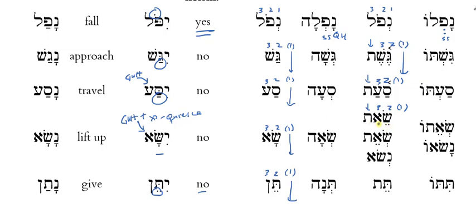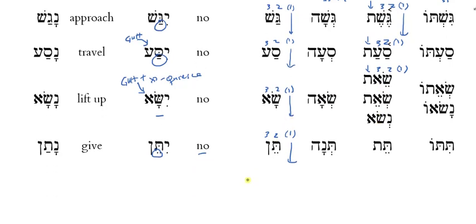Sete is probably from something like this. I'll jot it down below. It would have been samekh, aleph with a segol, and the tav.